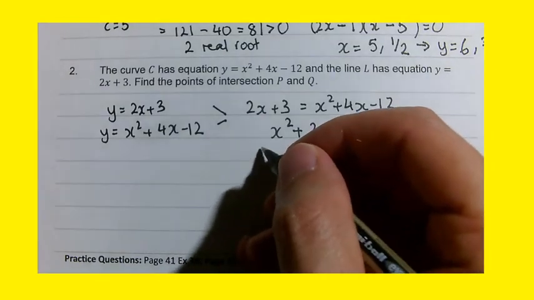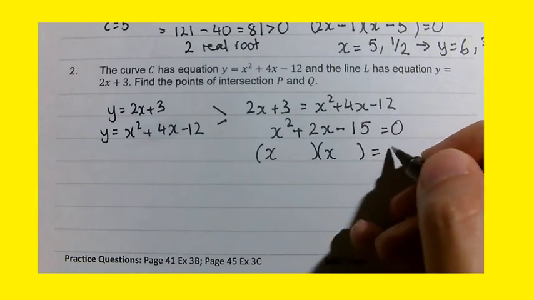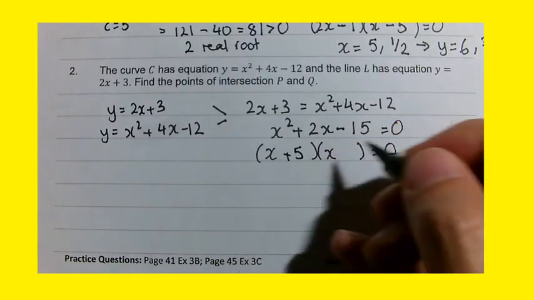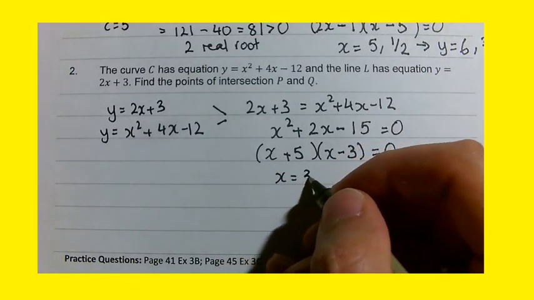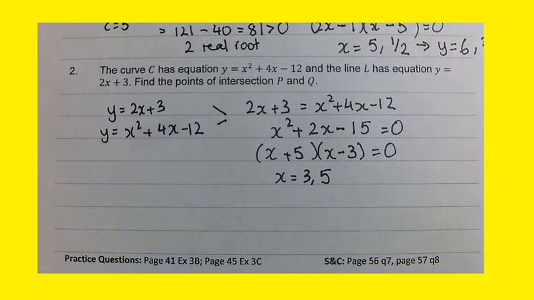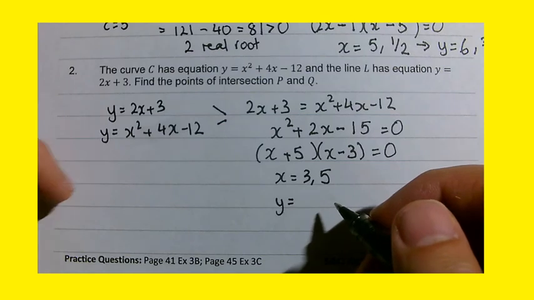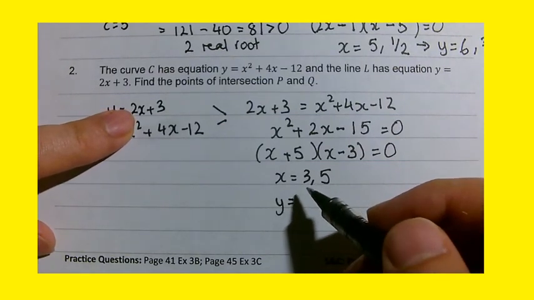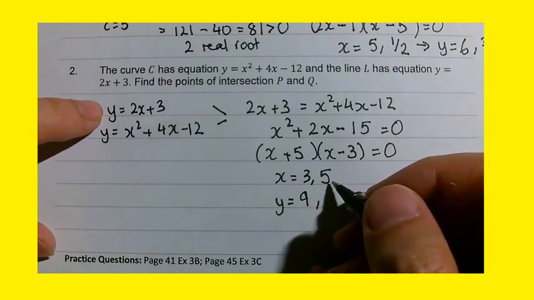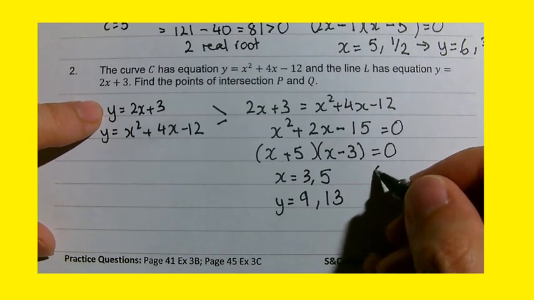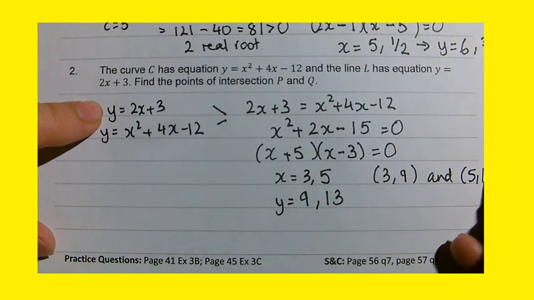Now I'm going to solve this very quickly. x plus 5, x minus 3. Therefore x is equal to 3 and x is equal to 5. Okay. And when x is equal to 3, I can substitute that into there. When x is equal to 3, then y is equal to 9, and when x is equal to 5, y is equal to 13. So the two coordinates are 3, 9 and 5, 13.